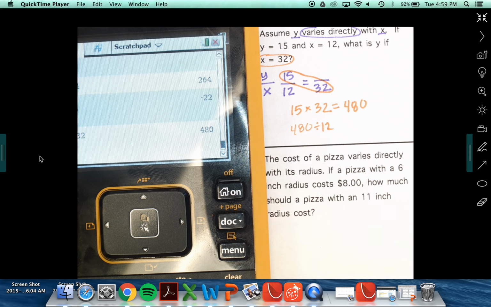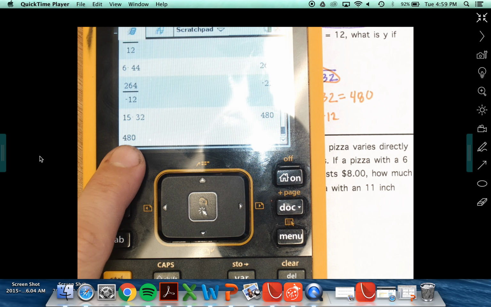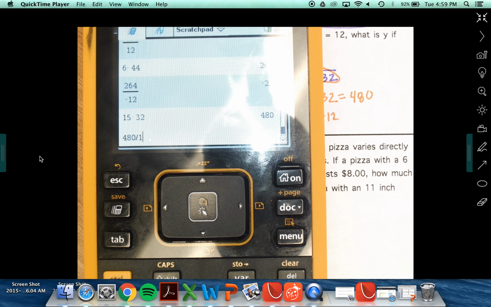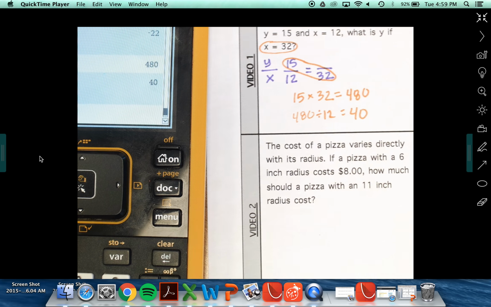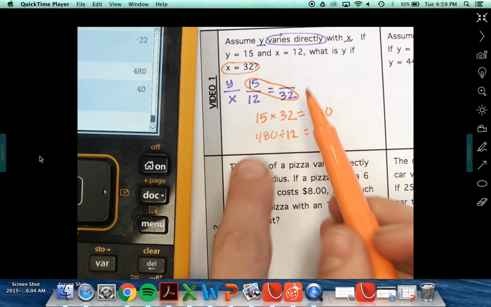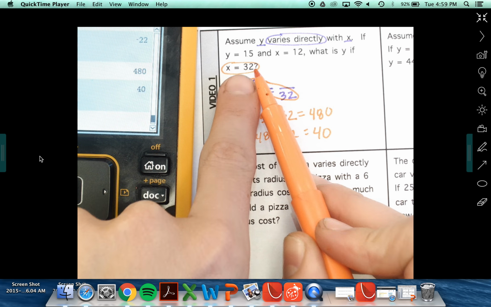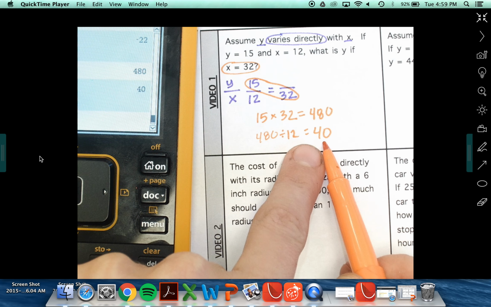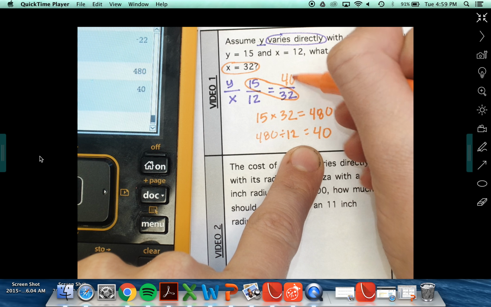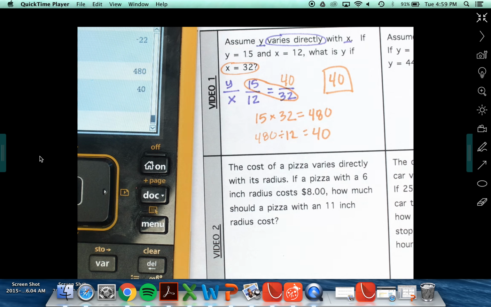So 480 divided by 12 gives me 40. So that means when X was 32, my Y value, my missing value here, is 40. So my final answer is just 40.